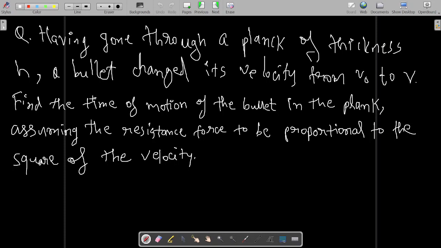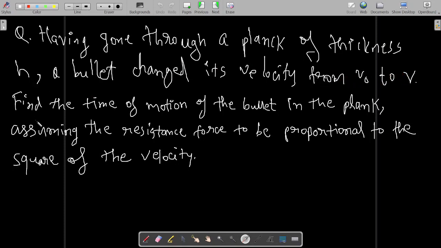Let us learn now this particular question, which says something like this: there is a plank which has a thickness h, and a bullet pierces through it. When the bullet entered the plank of thickness h, it changed its velocity from v0 to v.